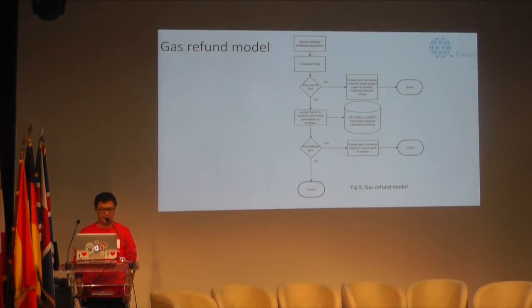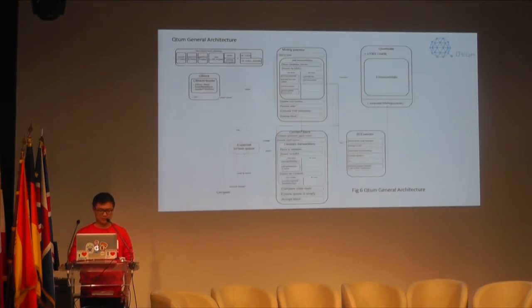And if you still have enough gas, you can assign the funds to the contract and make it spendable by the contract, and then you can use OP_EXECUTE_ASSIGN, the new opcode. But if you have some gas left over, we will create a new Coinbase output to send the fees back to the sender. So this is basically the structure of the gas model.